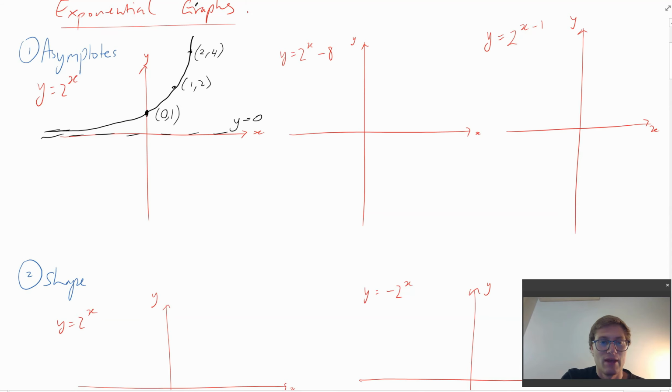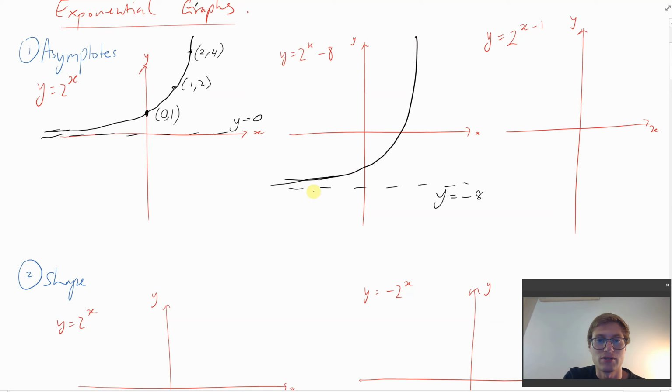Now there's no way to get any negative result from an exponential equation without there being some sort of subtraction. So on this second one, you notice it's the same equation but take away 8. That take away 8 really controls where the asymptote is, which is what we always do first. So for this graph, you'd first put in your asymptote at y equals minus 8, and you then know it's just a basic sort of exponential look.